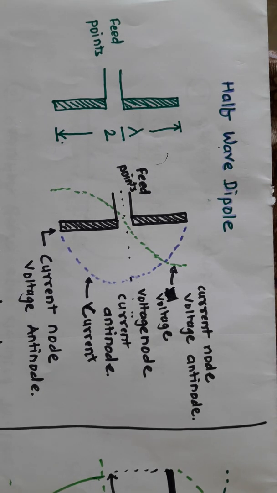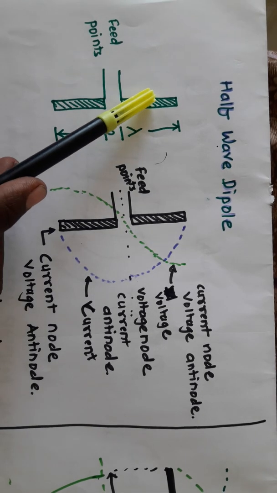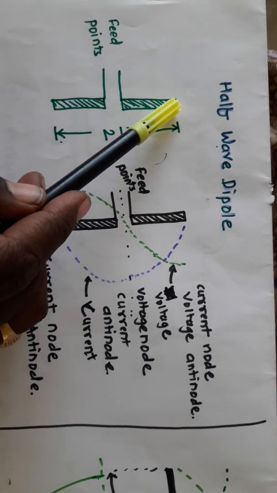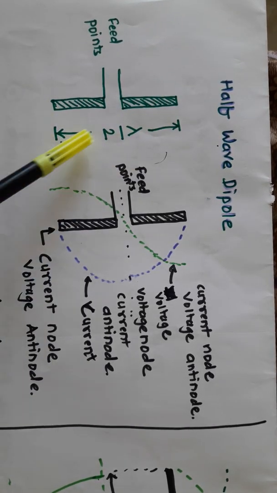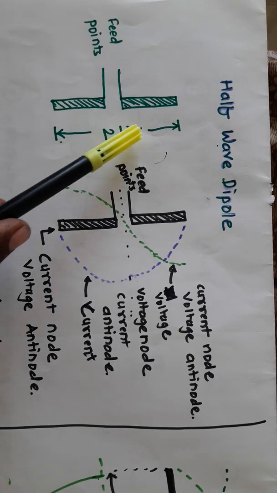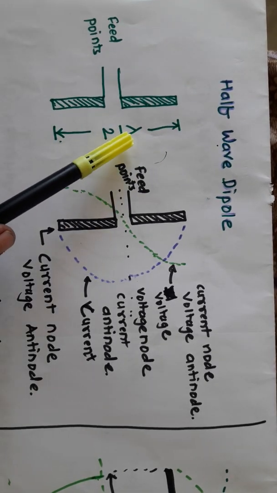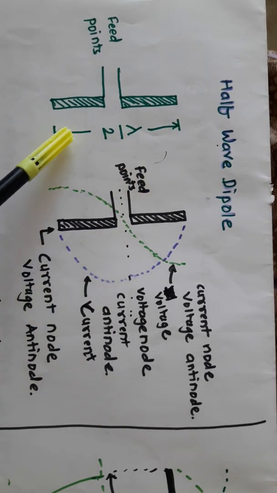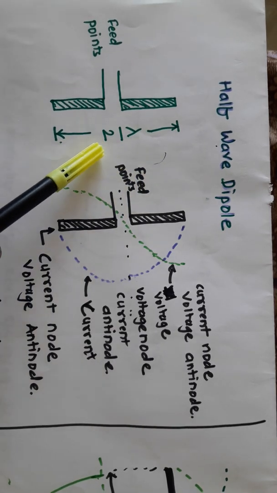So, if the dipole antenna has length lambda by 2, that is, half of the full wavelength, then it is called the half wave dipole. Here is conductor 1, conductor 2, and this whole structure is the dipole, with length equal to lambda by 2.